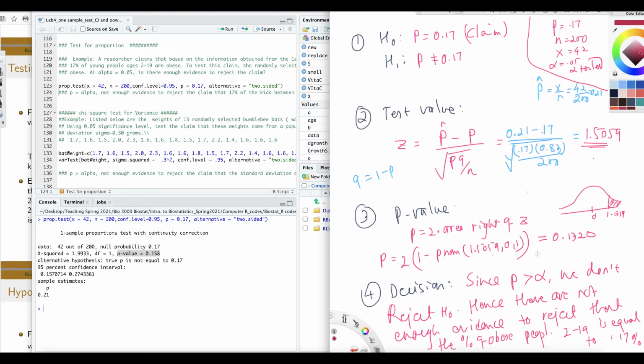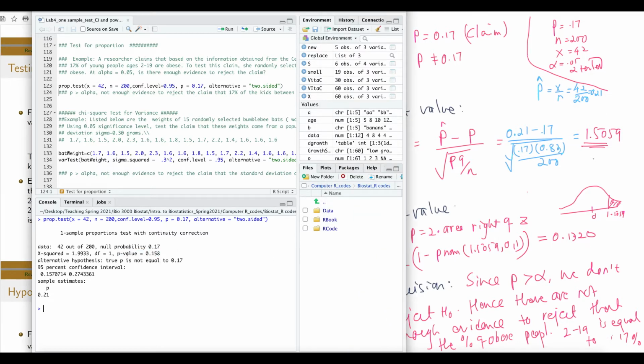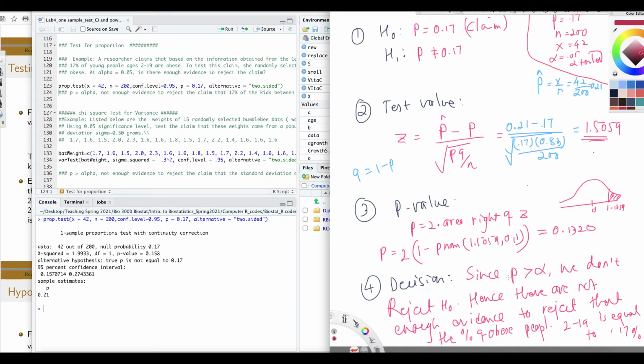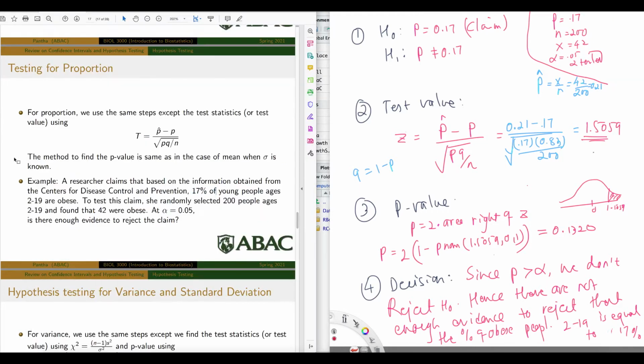What I found was a p-value of 0.1320, here the p-value is 0.158, but both of these p-values are greater than alpha, so we do not reject the null hypothesis. The conclusion and the decision are not changed, only the p-values are a little bit different. Okay, guys, this is how you test the hypothesis for the proportion.